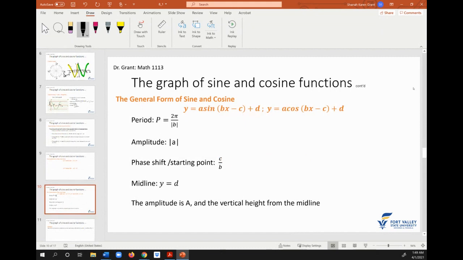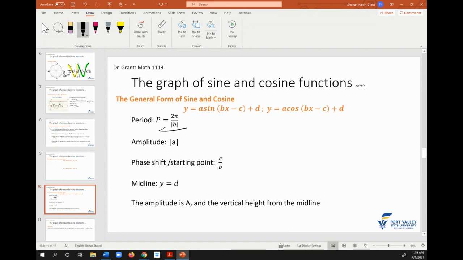So for instance, if you wanted to find the period of the sine or cosine graph, the period is going to be equal to 2 pi over whatever b is. Your amplitude, which is the height from the midline to the very top or the very bottom of the graph, is just the absolute value of whatever a is.